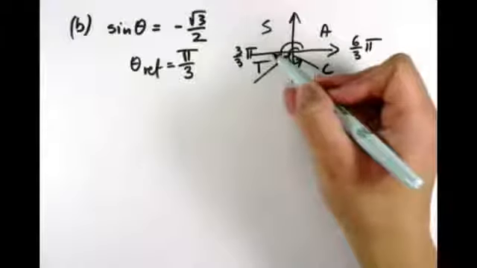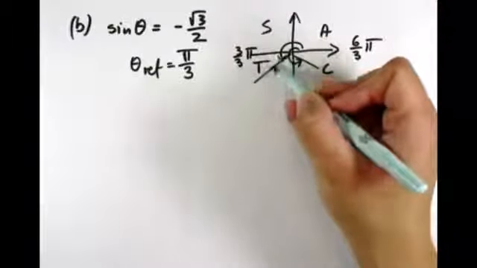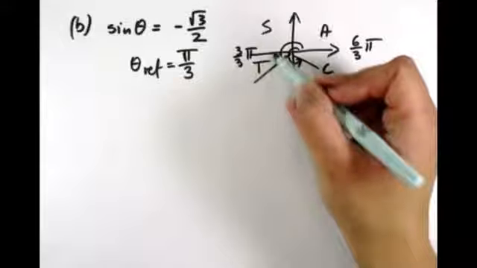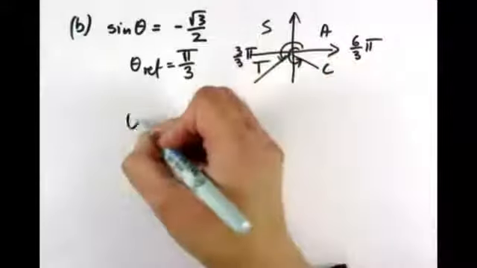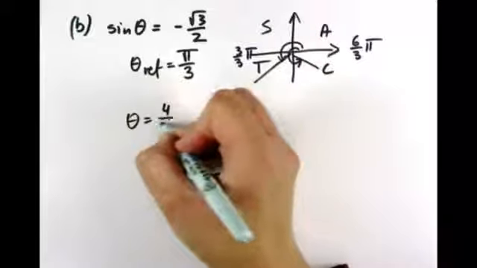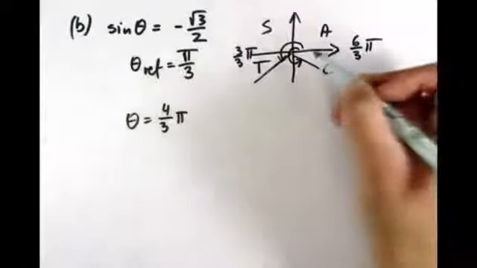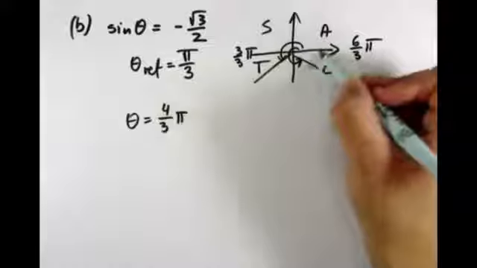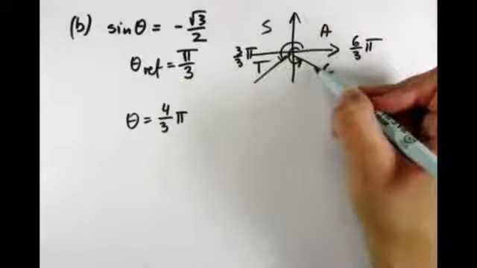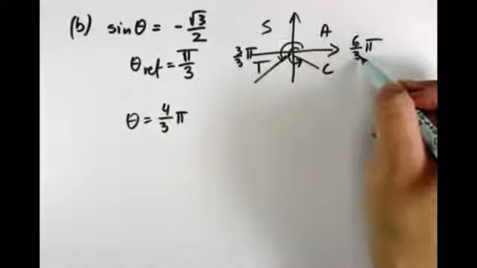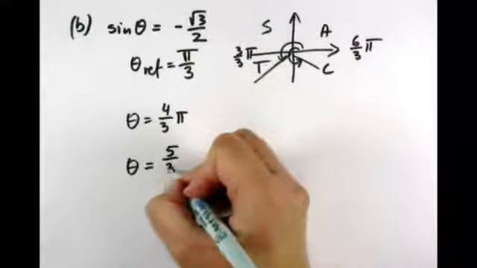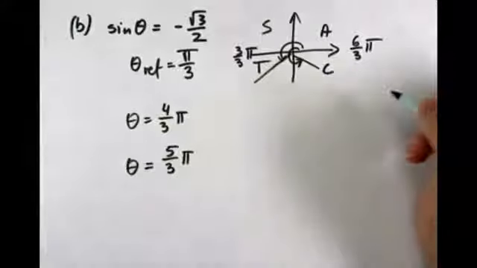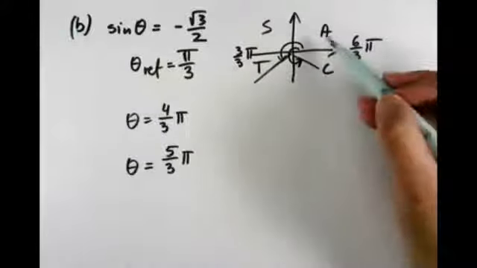So this one is pi plus my reference angle, 3/3 plus 1/3 gives me 4/3 pi. And this one is the whole revolution short of 1/3. So 6/3 minus 1/3 is 5/3 pi. And that's within one revolution.